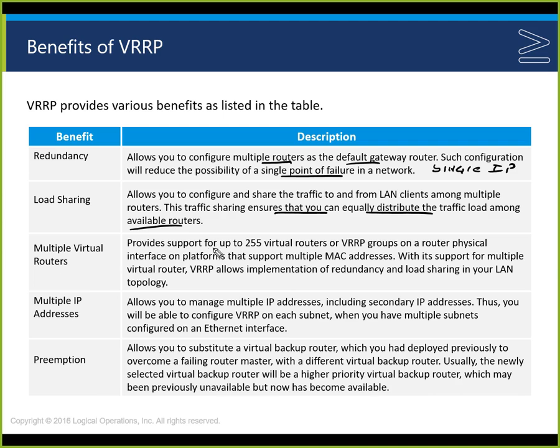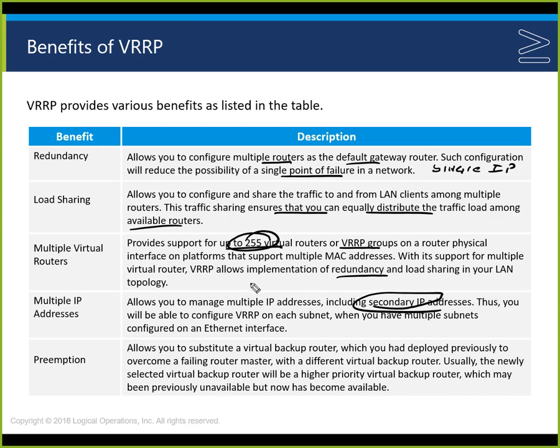Multiple virtual routers. It supports up to 255 virtual routers for VRRP groups on a router physical interface. Lots of virtual routers can be configured here, for implementation of redundancy and load sharing in our topology. Multiple IP addresses: it can manage multiple IP addresses, including secondary IP addresses. Secondary IP addresses are not primary, obviously.